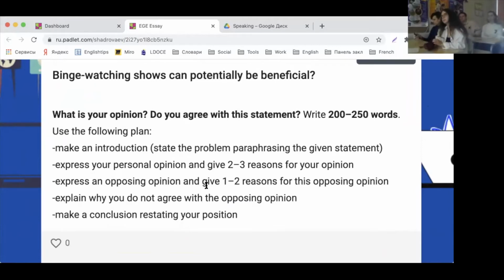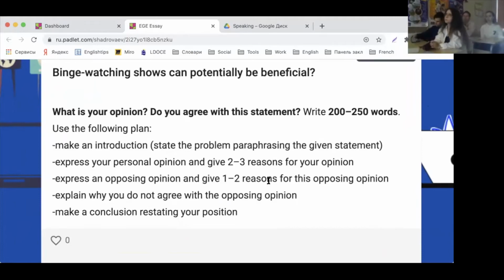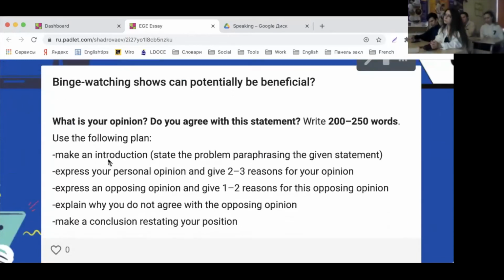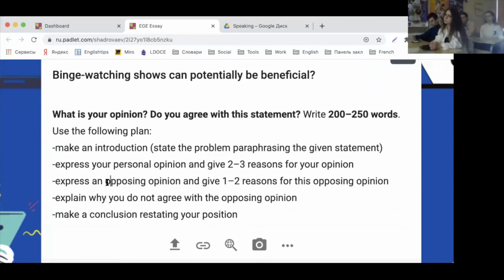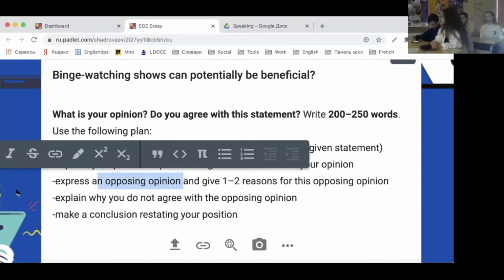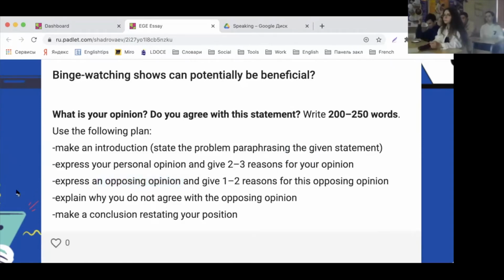Even if you disagree, you still have to give reasons why it can be beneficial, expressing this opposing opinion. Where to take ideas and language if you write this essay?